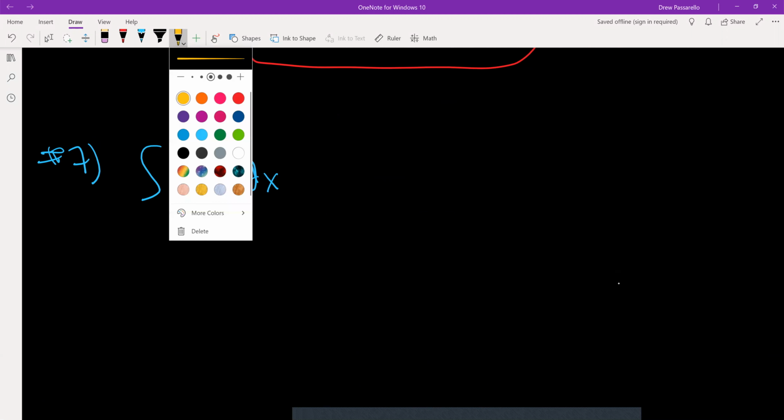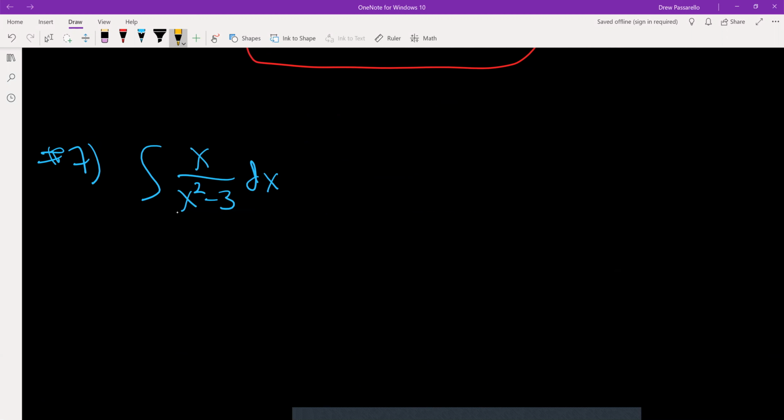And I'll use different colors, so I'll let u be the x squared minus 3. That means du. So the derivative of x squared is 2x, and then the 3 goes away because that's a constant. So I have 2x, and then I latch on the dx.